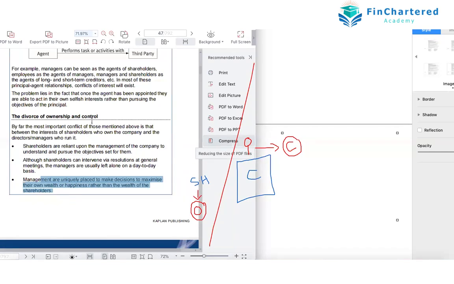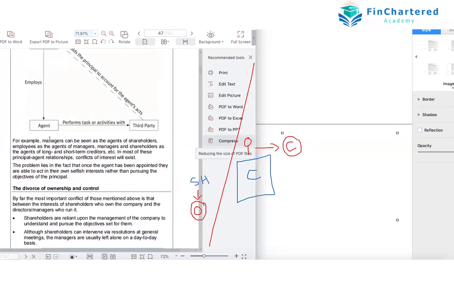Right? Again, I did explain this because I have only 1 minute. Managers can be seen as agents of the shareholders, right? And under the managers, whoever works will be the agents of the managers. And it keeps going.